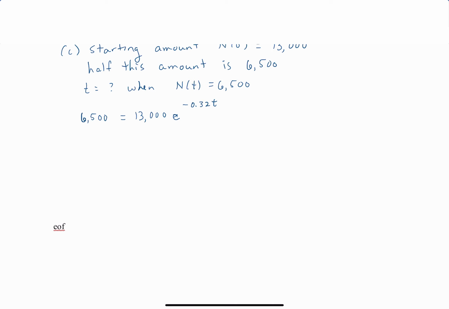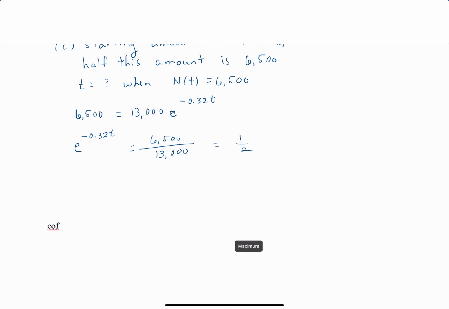So again, I have to isolate the exponential expression, which I'll do by dividing both sides by 13,000. And that's going to be 1/2, right? Because that's how we figured out the 6,500, is that it's 1/2 of 13,000.